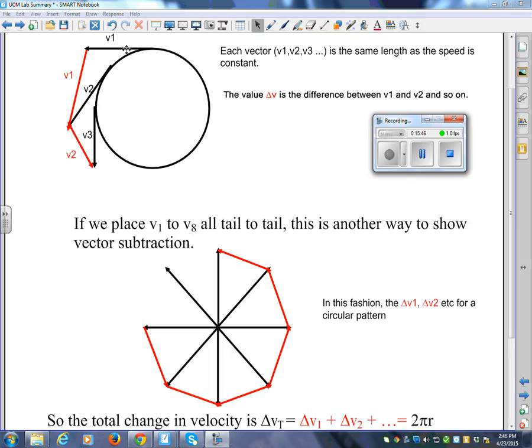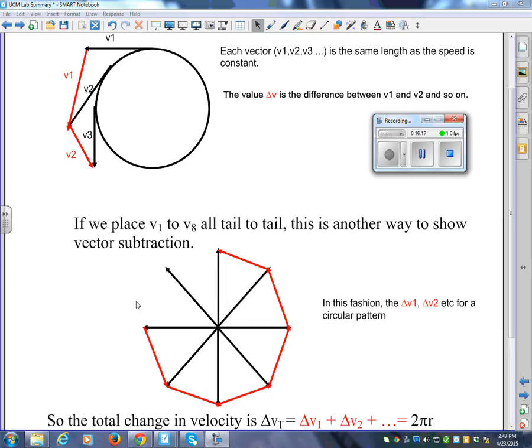Now, if I didn't take just 8 tangent velocities, what if I took 360 tangent velocities? I'd have a lot of these little blue arrows pointing off here, and a whole whack of them here, and the red guys would be really small and, for all intents and purposes, form a circle. And what would be the radius of the red circle?